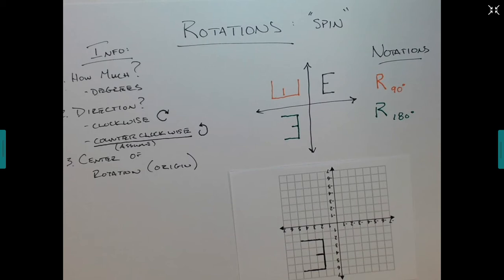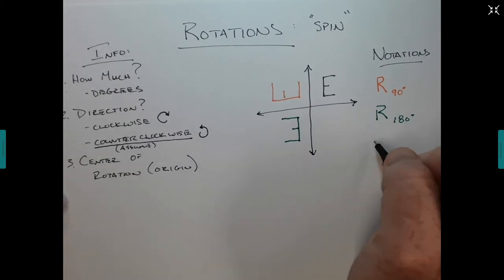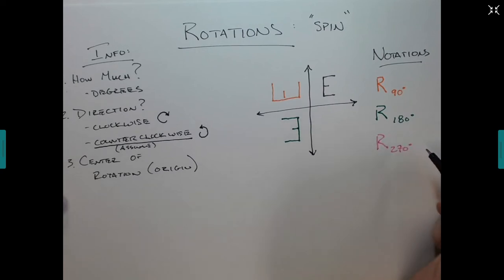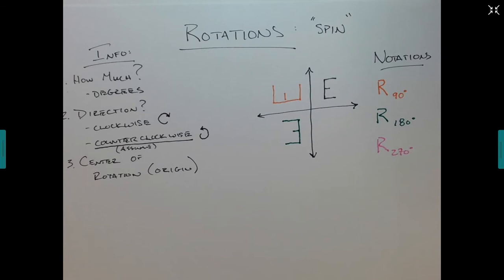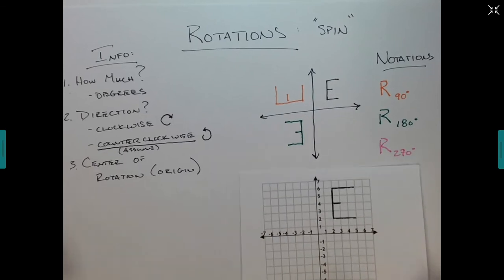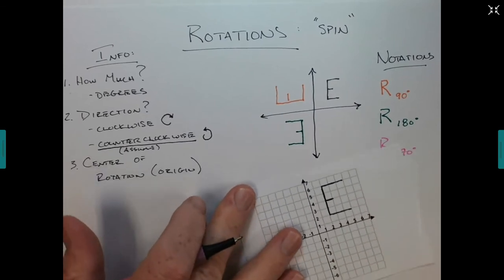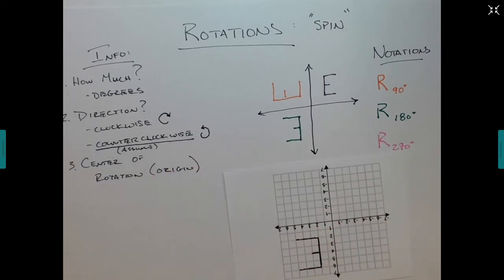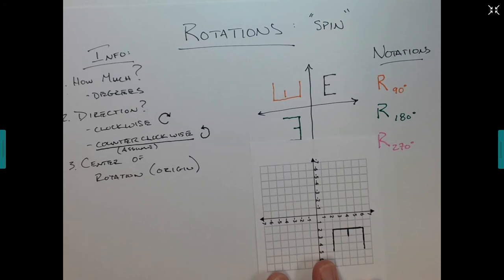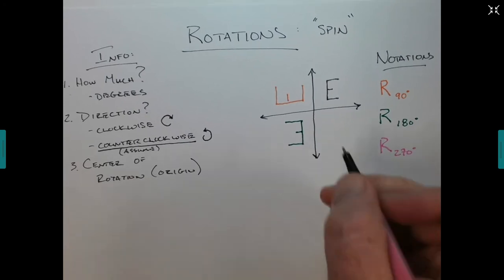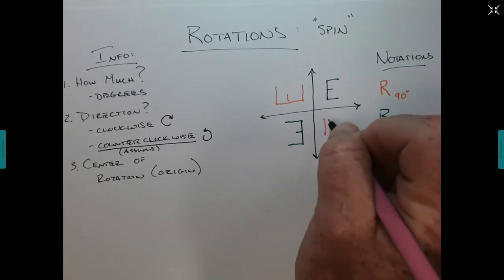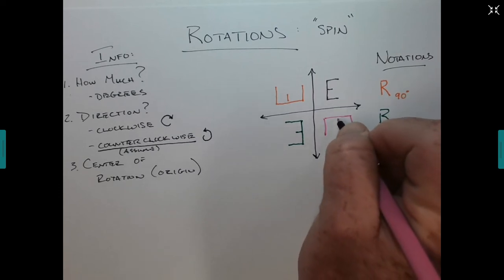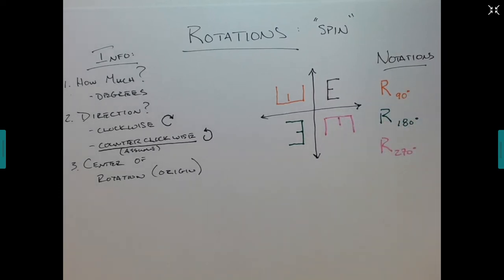Let's try one more time. Let's try a rotation of 270 degrees. Again, if we want to physically see what's happening, we got 90 here. We got 180 here, and now we're into 270 down in quadrant 4. All right.